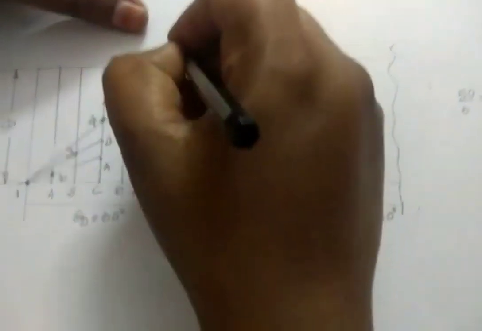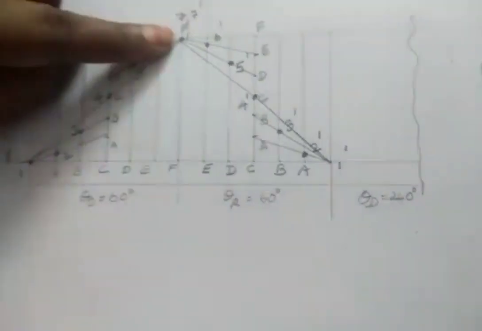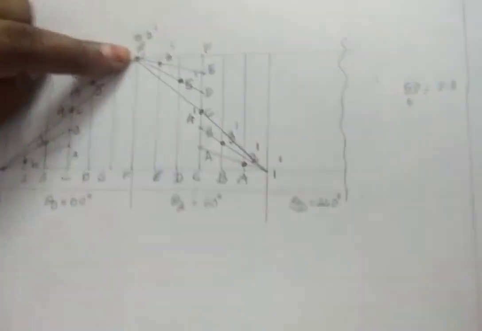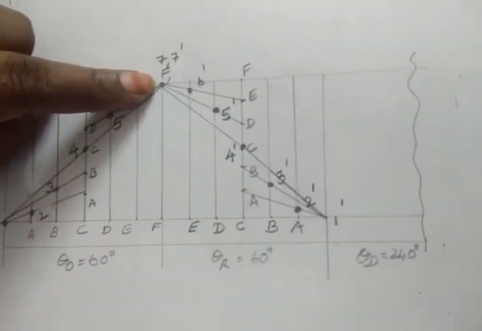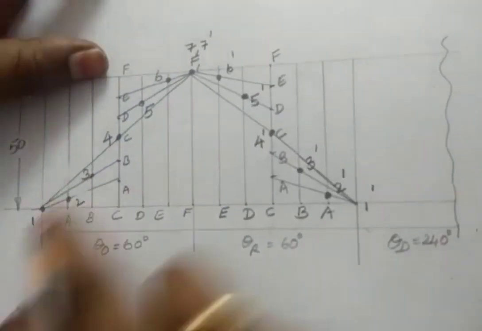If you want, you can mention here also 7 dash because it represents the same point. That means F point is nothing but the outward last point and the return stroke starting point. There is no dwell, so because of that, it continues. So these are the representing points.